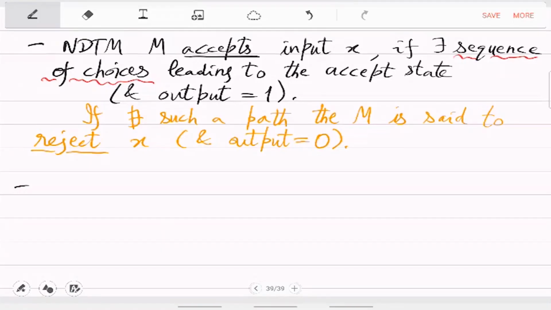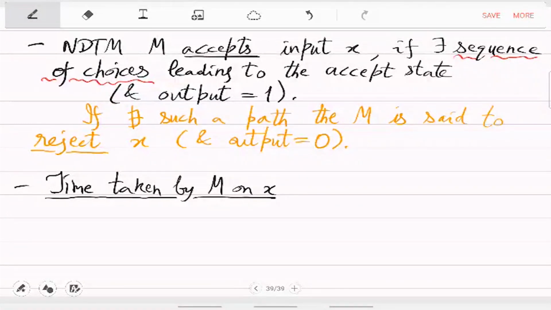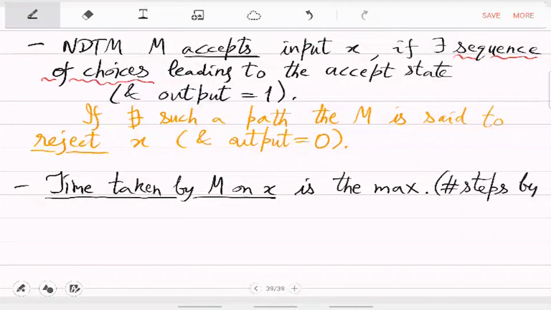So what's the definition of time? The time taken by M on X is the maximum number of steps taken by M to halt on X. Okay, so this is a bit sensitive to the steps.